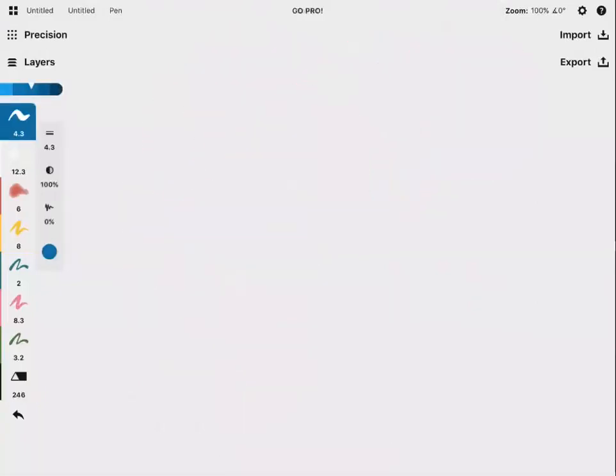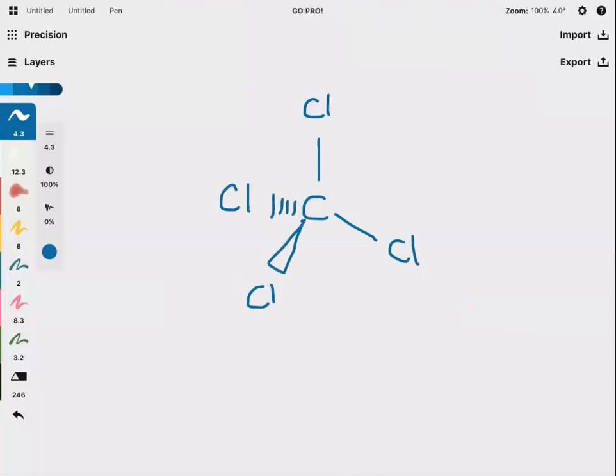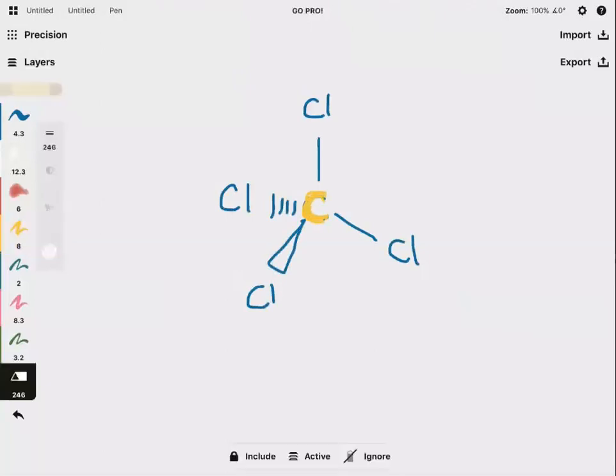Let's say we have carbon and it's bonded to 4 methyls or 4 chlorides. Let's just say chloride. Okay. So this carbon knows that it's bonded to 4 different things, 4 different chlorides. And we can even replace one, and I'll just put a methyl.